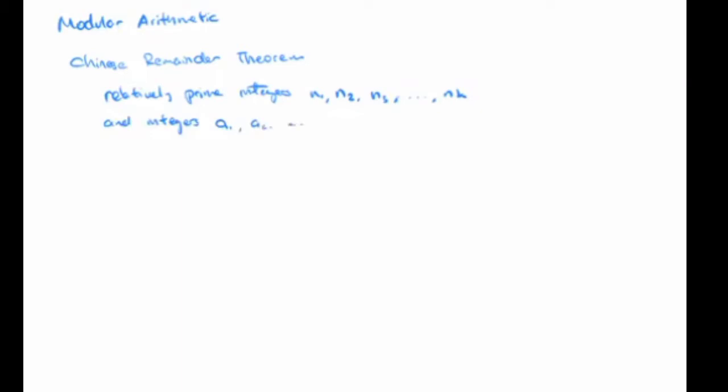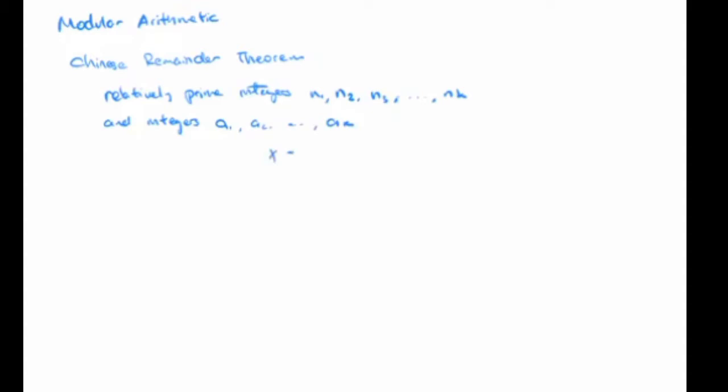So if we have relatively prime integers n1, n2, n3, so on to nk, and the integers a1 to ak.